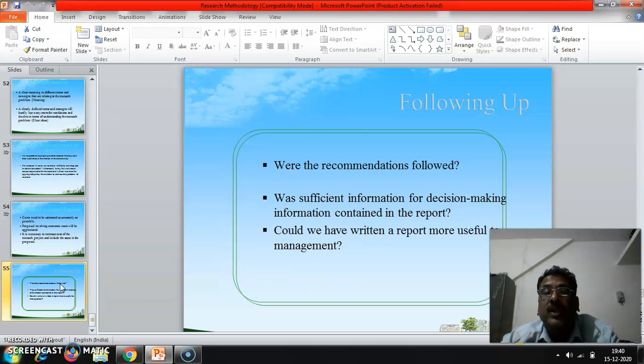After you submit the report, you have to study whether our recommendations are implemented by the business authority or government. Then, was sufficient information for decision making contained in the report? Again you have to follow up on whether the information we collected is enough and sufficient for the decision making process.